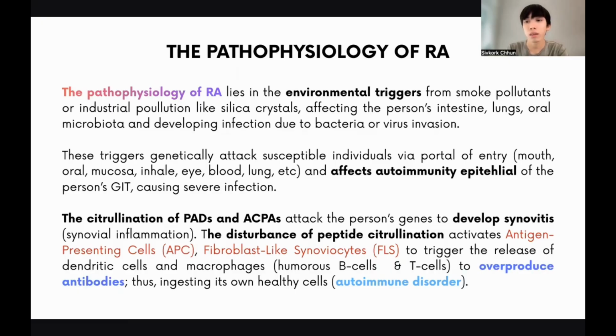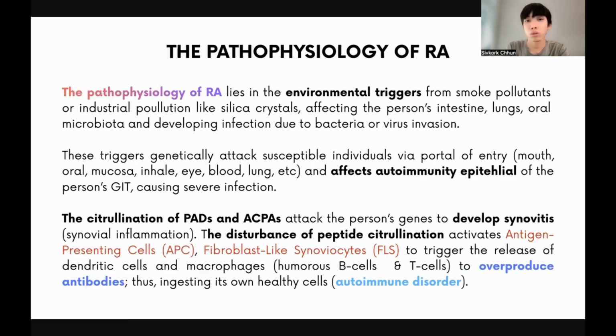It converts the amino acids and then attacks the person's genetic material, then develops into synovitis, or synovial inflammation, joint inflammation. And that disturbance of the peptide citrullination activates the APC, known as antigen presenting cells, in the immune system. So it activates the antigen presenting cells and the fibroblast-like synoviocytes, the FLS.